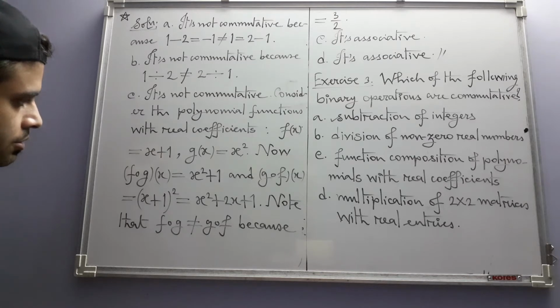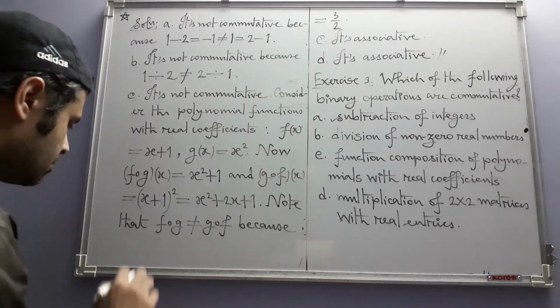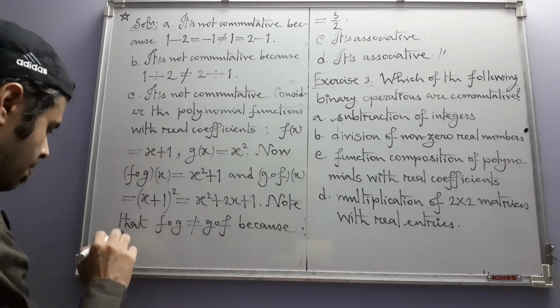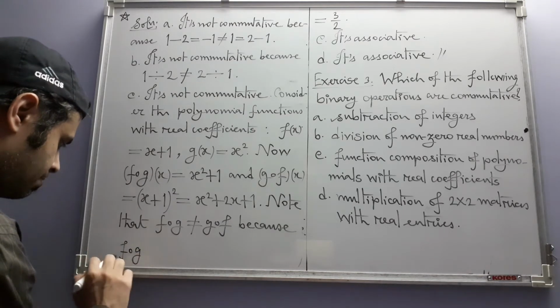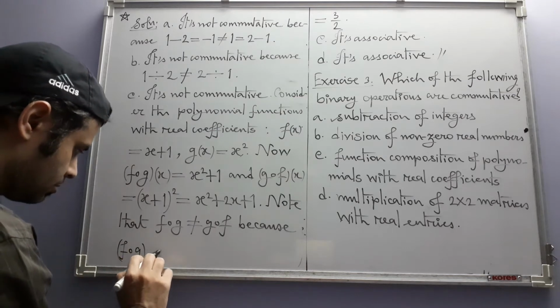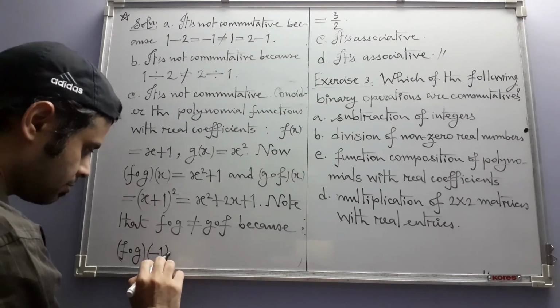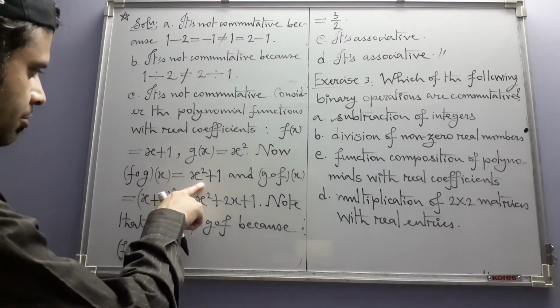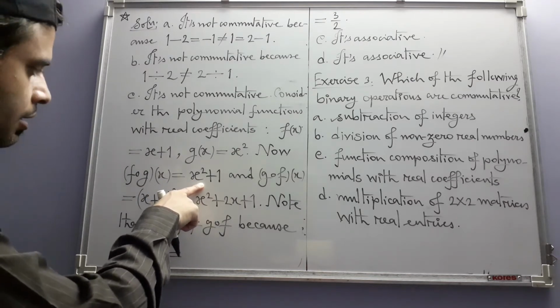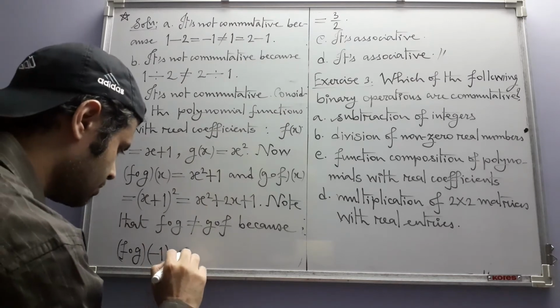x squared plus 2x plus 1, yes. So we can take f composition g of minus 1. This will be what? If you substitute minus 1 here, minus 1 squared plus 1 gives you 2.